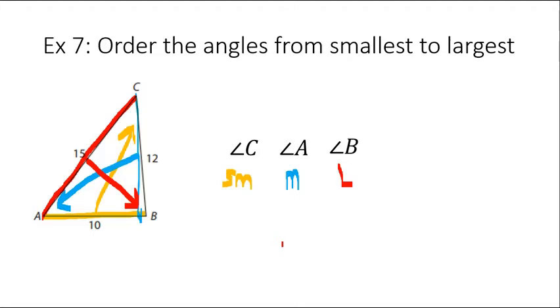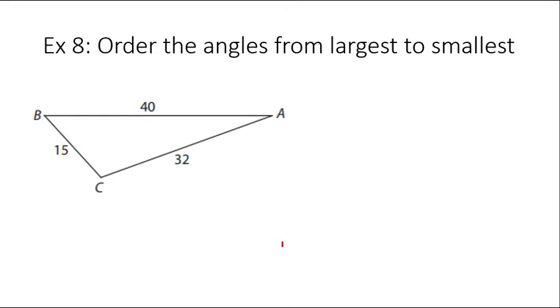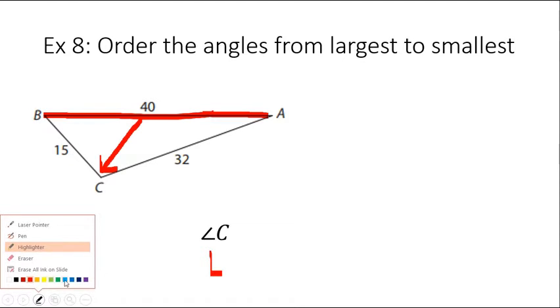Okay, example 8. It says order the angles from largest to smallest this time. So I'm looking for my largest side, which is BA right here. That means the angle opposite BA is C, which means that C is my large angle. Now I want to find my medium angle.